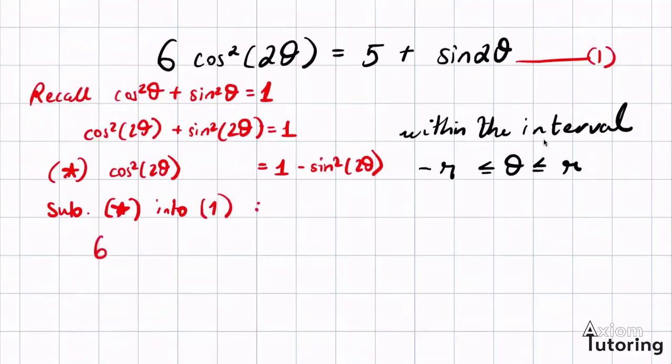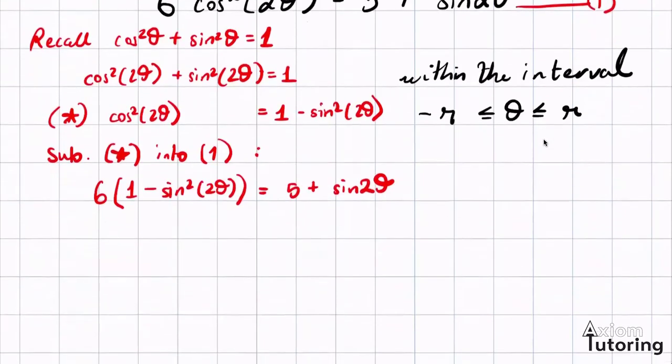On the left-hand side, I'll have 6 lots of 1 minus sine squared 2 theta equal to 5 plus sine 2 theta. And so I'll multiply that out. So I get 6 minus 6 sine squared 2 theta equals 5 plus sine 2 theta.